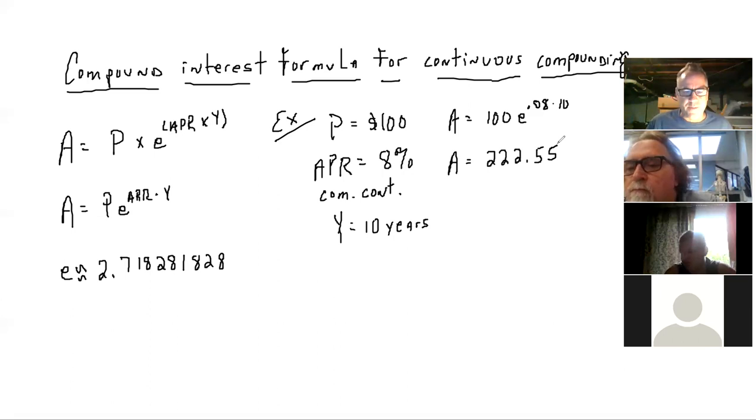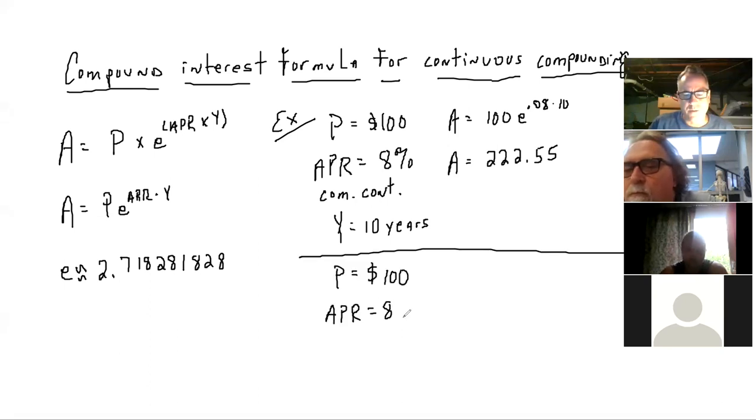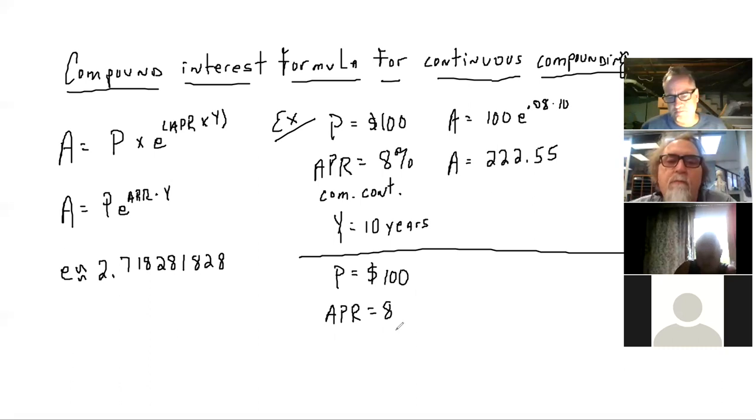All right, now just to compare, let's take the same amount, same APR. Let's compound it quarterly, but over the same specified amount of time, so 10 years.